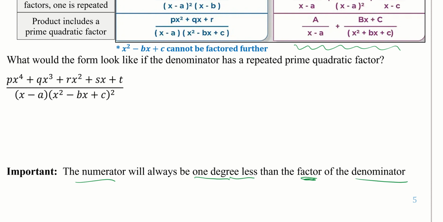So if you see a squared, like this example right here at the top, we're not going to FOIL it out or anything like that. We want it in the factored form, okay? And so it'll be 1 less than the factor, okay?